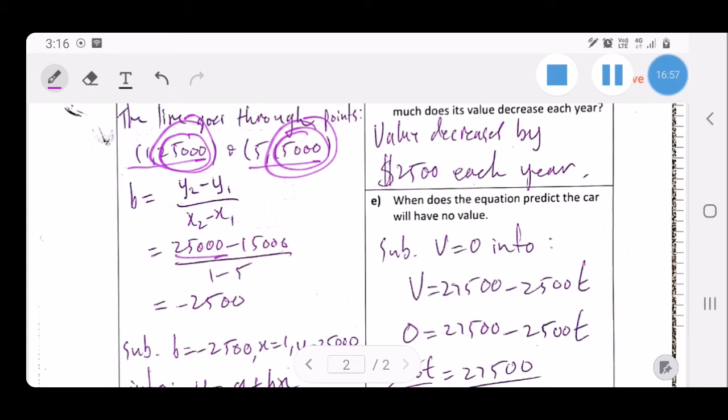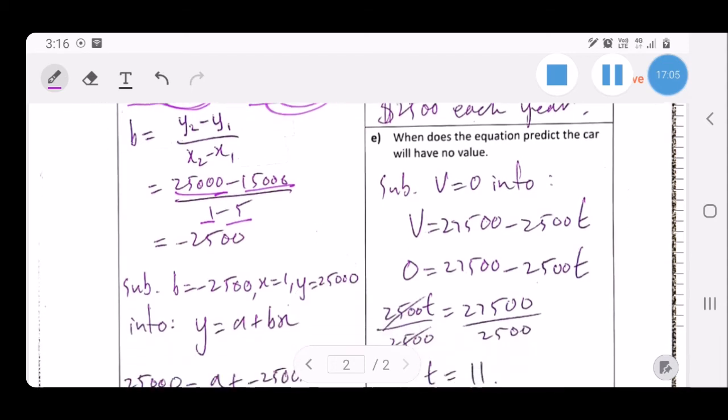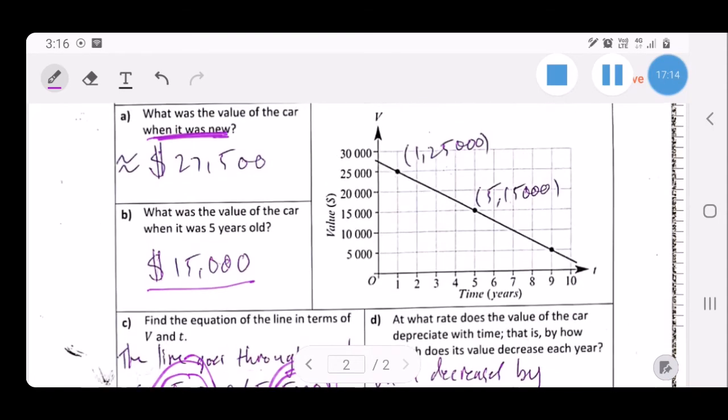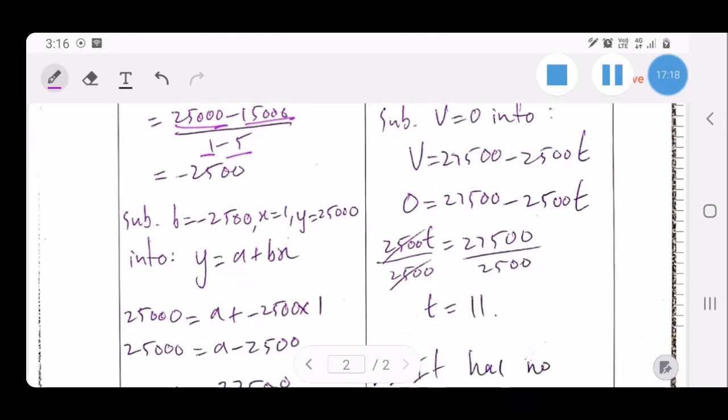So 25,000 minus 15,000 over x2 minus x1, which is 1 minus 5. And if you simplify that, that comes out to negative 2,500. So a negative gradient, which is to be expected because our graph is going downhill.